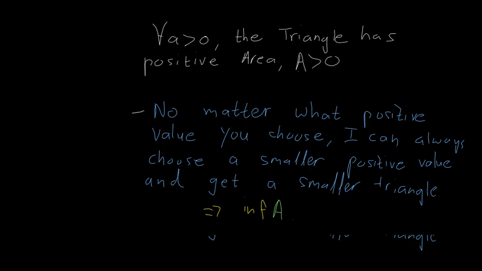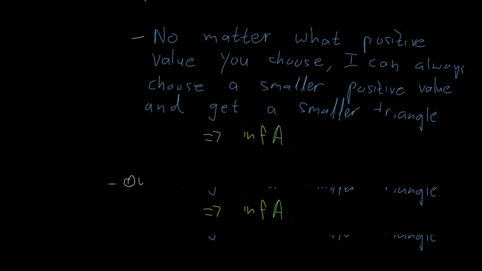The area is going to approach zero, actually, right? So our area A will approach zero because we're trying to minimize the triangle, right? So it has to approach zero.